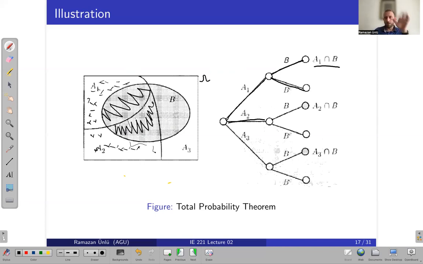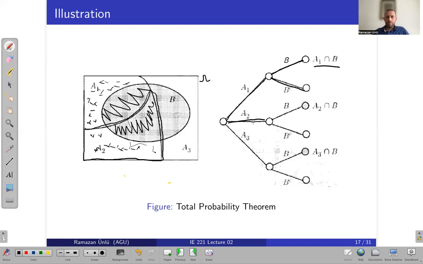The actual B complement in the whole sample space is all this white region, but we are only looking at this part. Why? Because the information of A2 is given to us. And the same thing for A3.